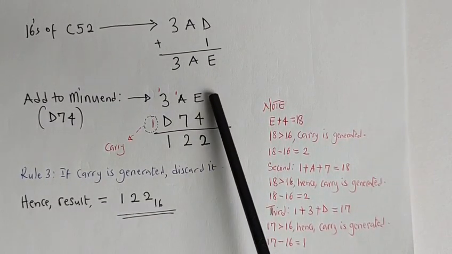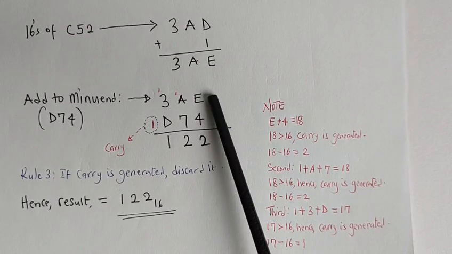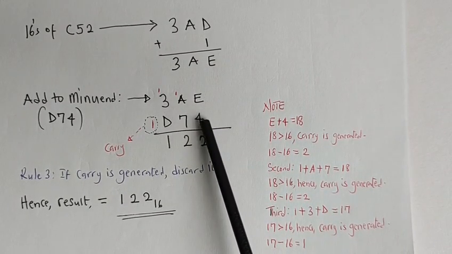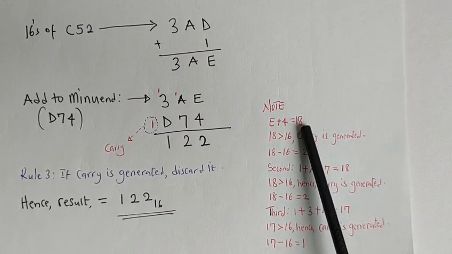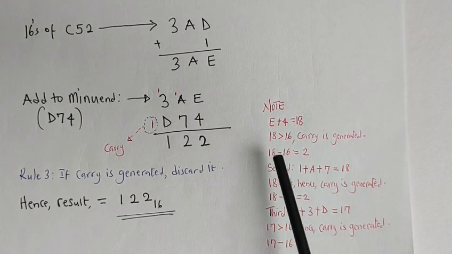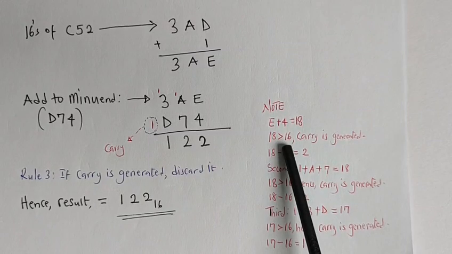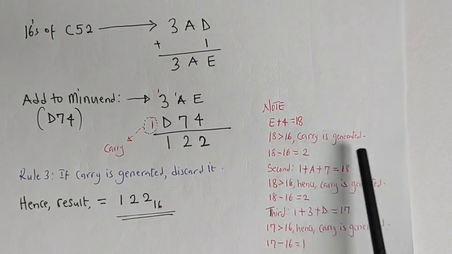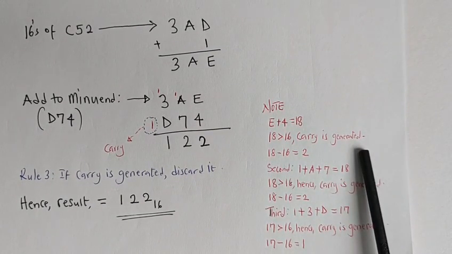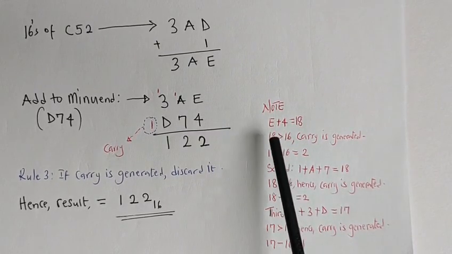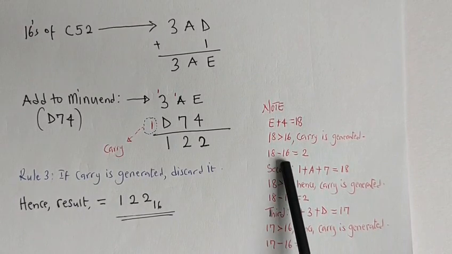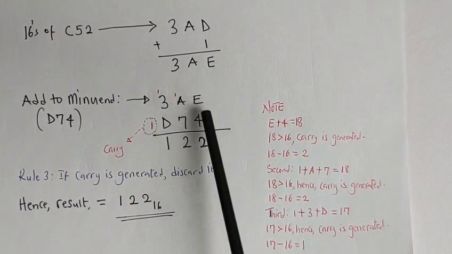E we know is 14. Then plus 4. So we have E plus 4, which will give us 18. Now 18 is greater than 16. In this case, carry is generated. So what do we do next? We subtract 16 from 18. So 18 minus 16 is going to give us 2. That is how we got 2.